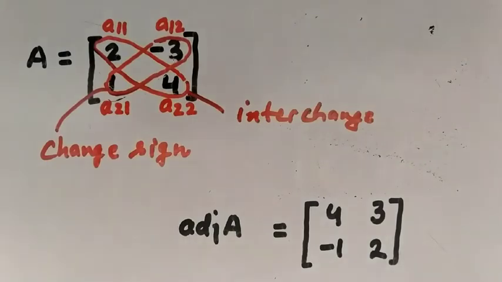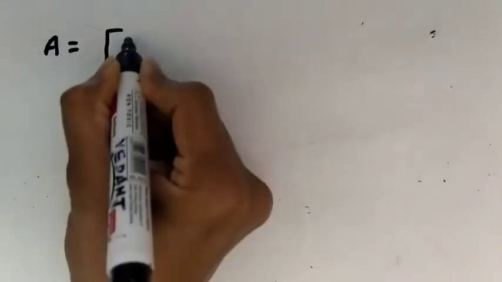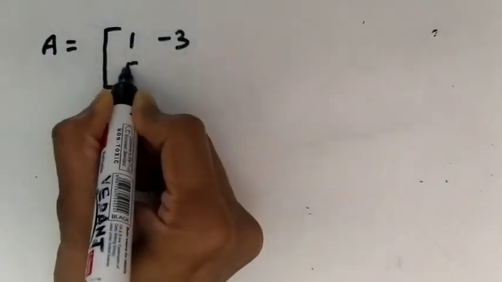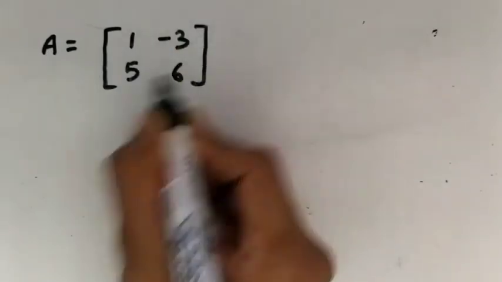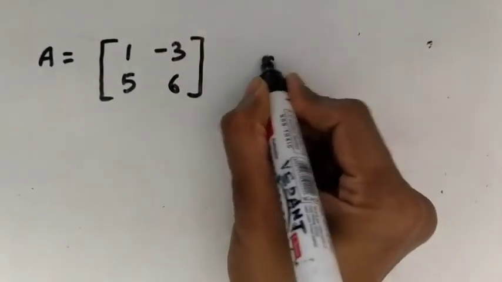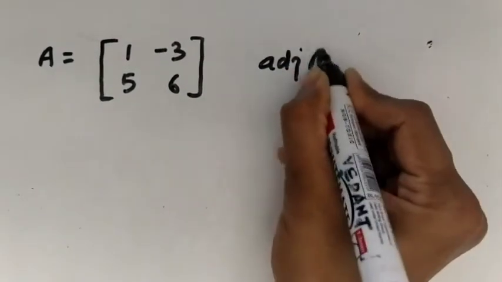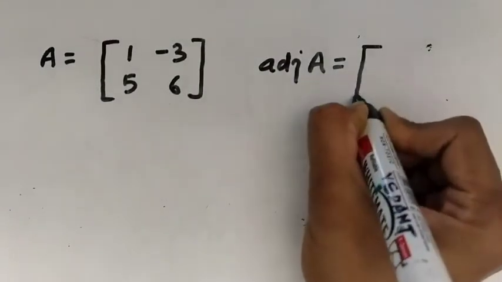So students, let us do practice with some more questions. Let we have a matrix A of order 2. A is equal to 1, minus 3, 5, 6. Now adjoint of A is equal to, yes students, what to do?